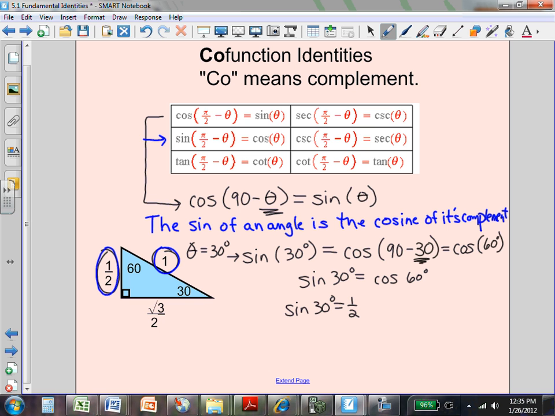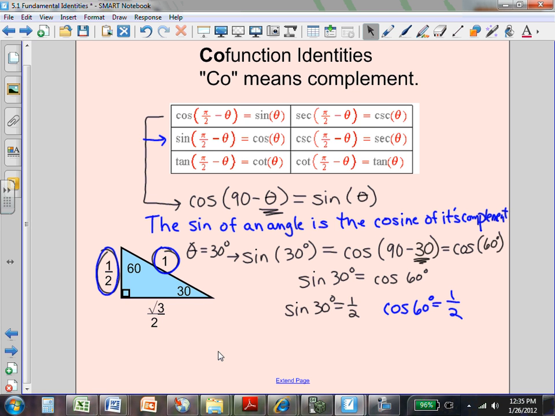So the cosine of 60 degrees is 1/2 as well. So the reason that the complements have their sines and cosines switched is that 60's adjacent is 30's opposite. And that happens for every single set of complementary angles.